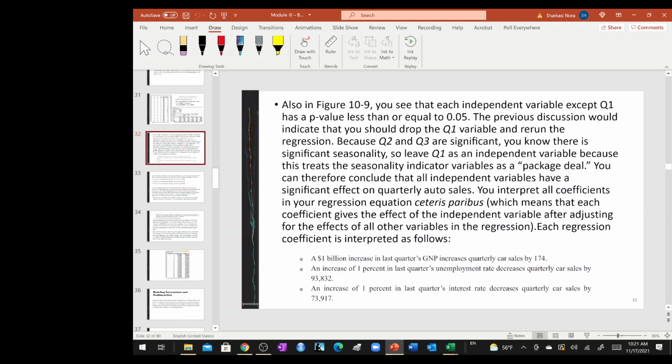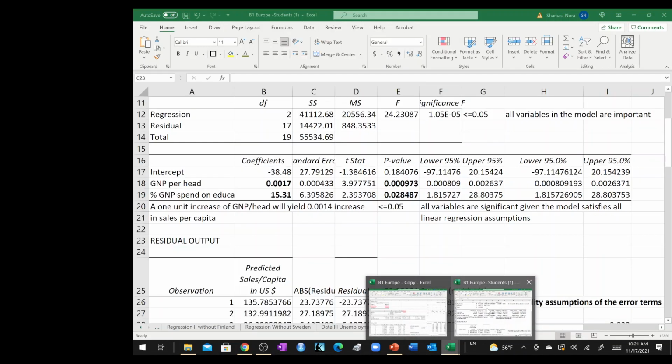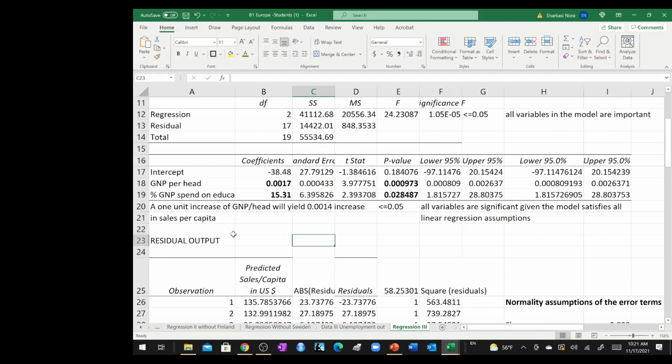Now you might think 1 unit, but actually it is measured in billions. So a billion increase in last quarter's GNP increases quarterly sales by 174. So this value here, you might think that this is a very small value, but in fact, these units, I did not explain.